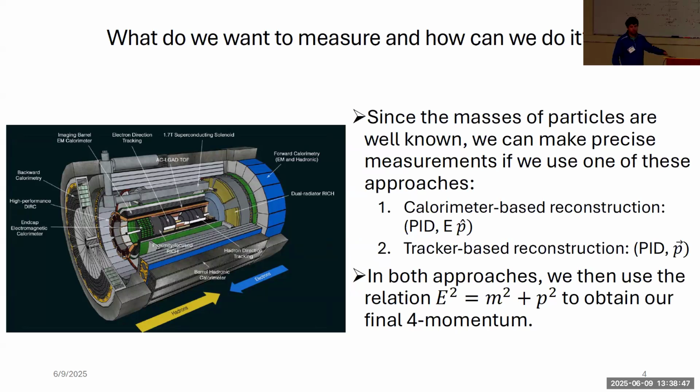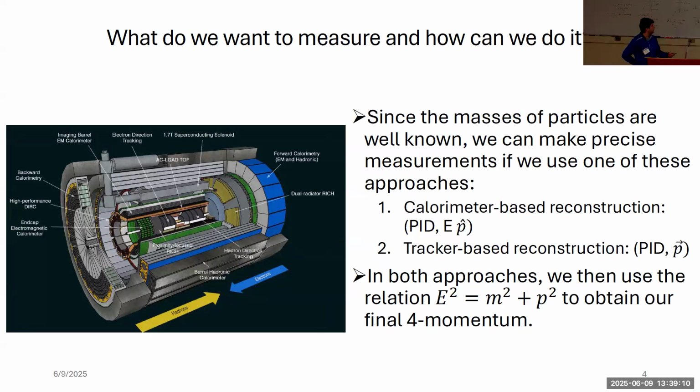And then there'll be some background from, say, combinatorics, particles from other parts of the collision combined with each other. You basically have to know your detector resolution. So you would see some peak, you would remove that detector resolution effect, and you can see your true decay width of that particle. Does that make sense?